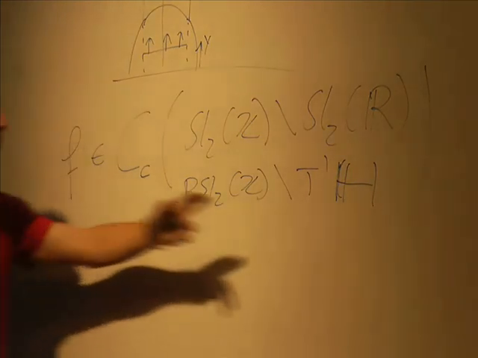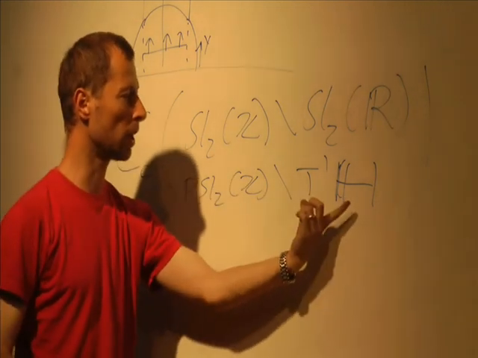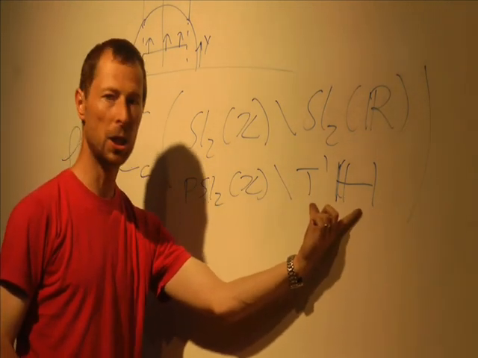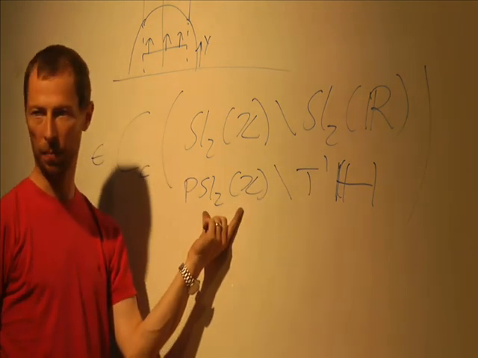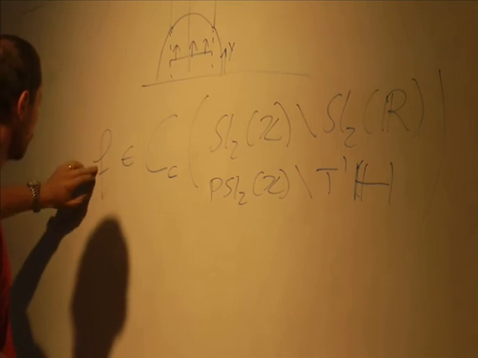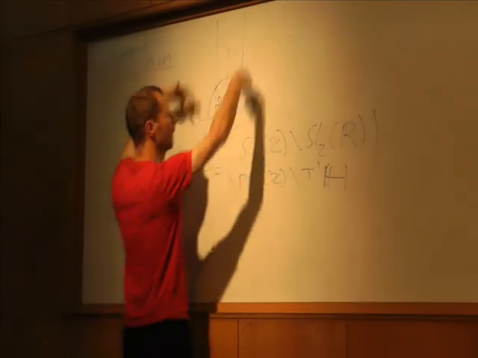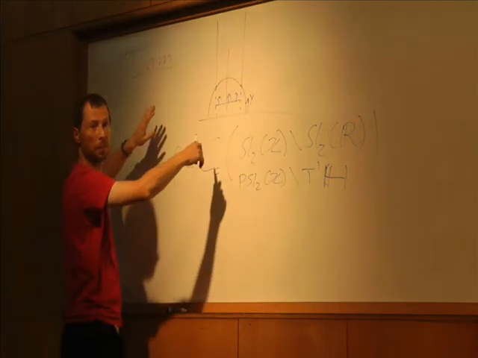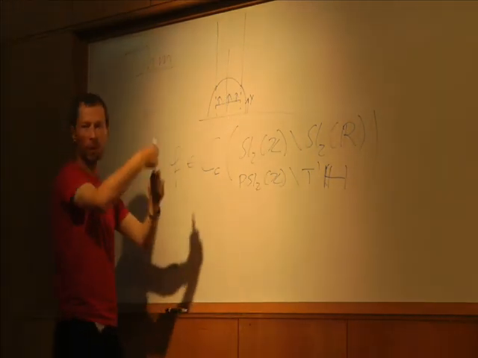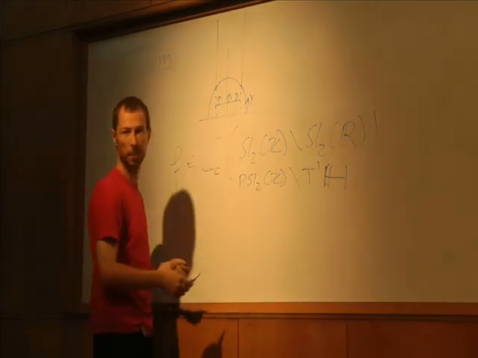Now, what are continuous functions on a quotient? Continuous functions on a quotient are continuous functions on T1H that happen to be invariant under the action here. So I can think of a function with compact support on this quotient as a function defined on the whole upper half plane, together with a vector. So upper half plane cross direction, which is T1H.